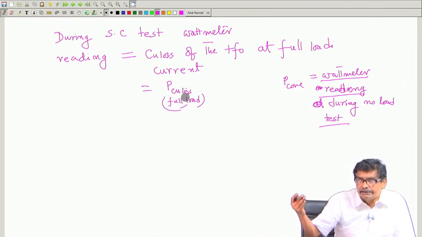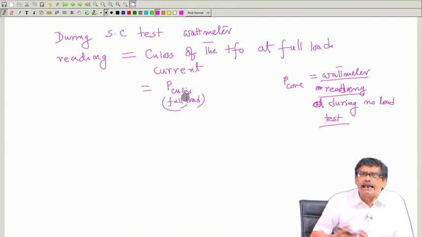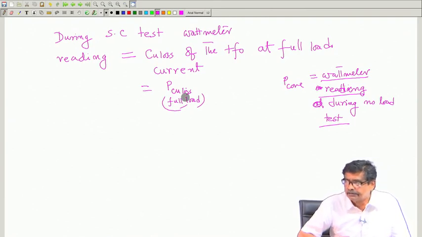So, I can adjust the impedance connected such that it carries half the rated current, or 75% of the rated current, what not.